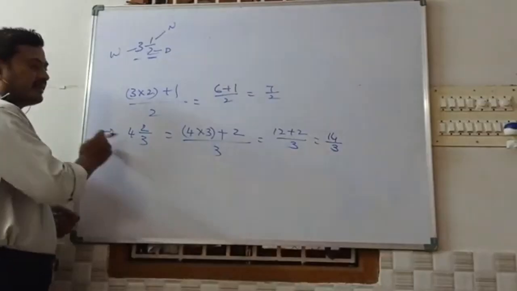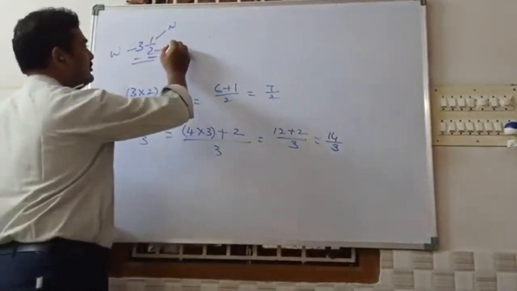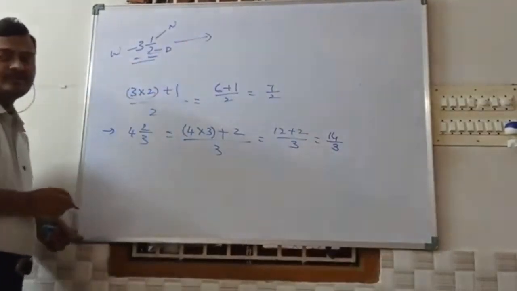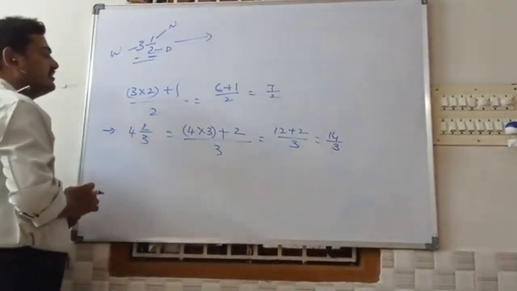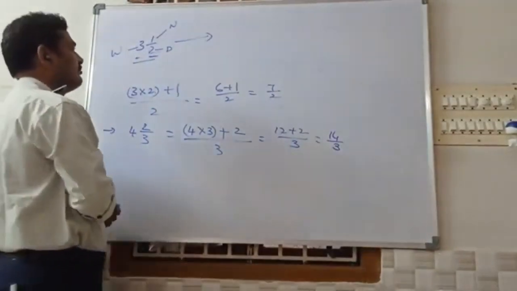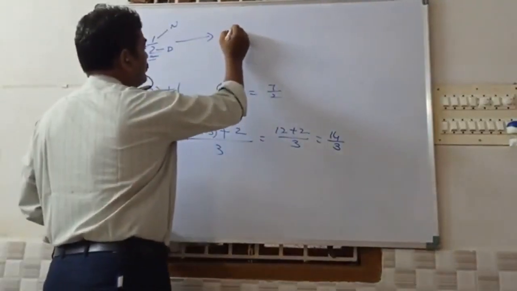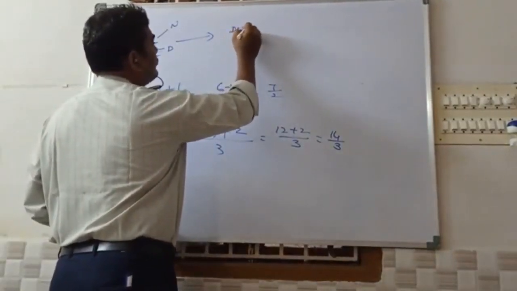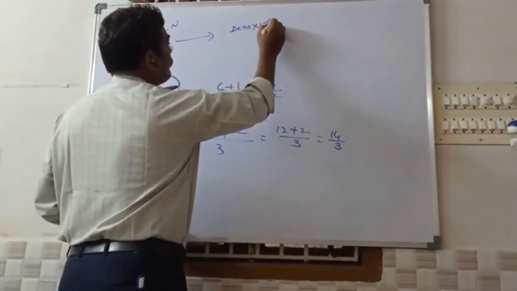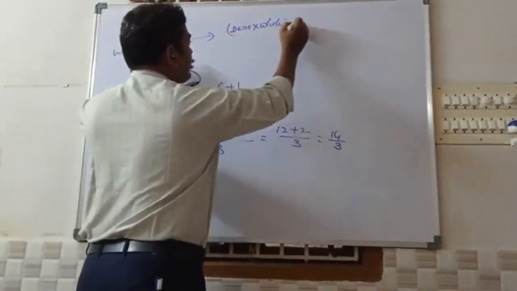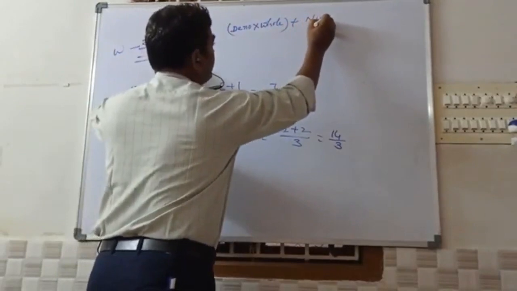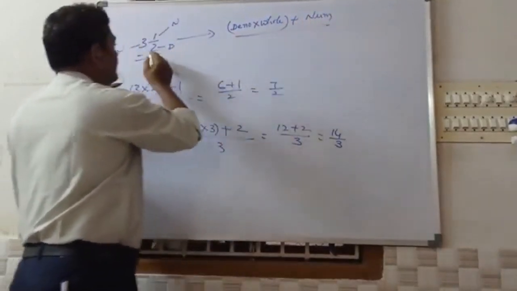So for converting a mixed fraction into an improper fraction, one formula is there. What is the formula? This is the denominator. So denominator into whole number plus numerator by the denominator.